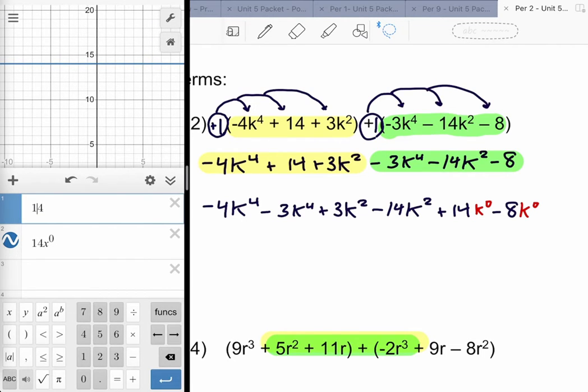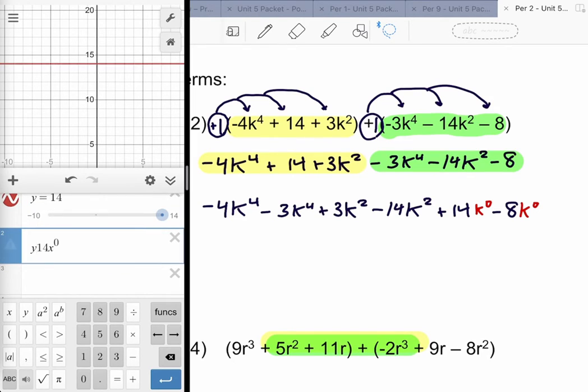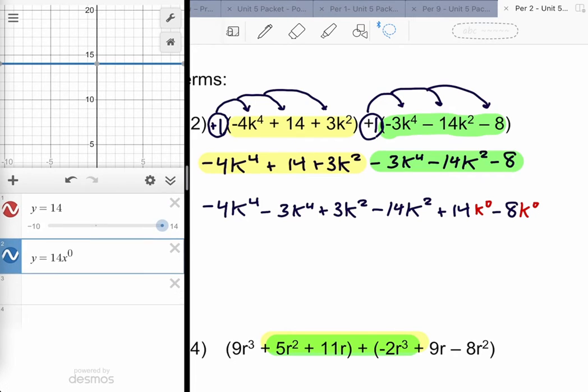I'll type them both in as y equals 14 so that it actually shows up as horizontal lines. You'll see that they both map to the same location. All right, because they have the same value. All right, that's the idea there.